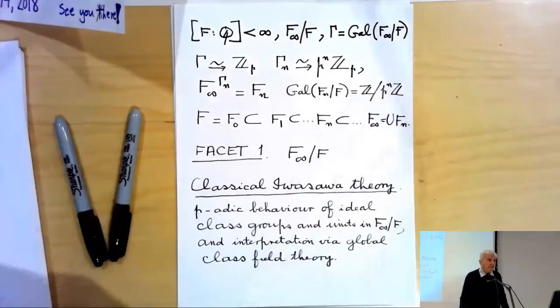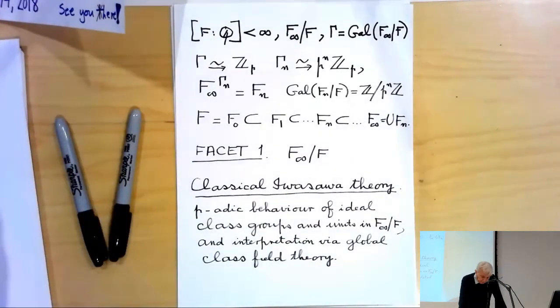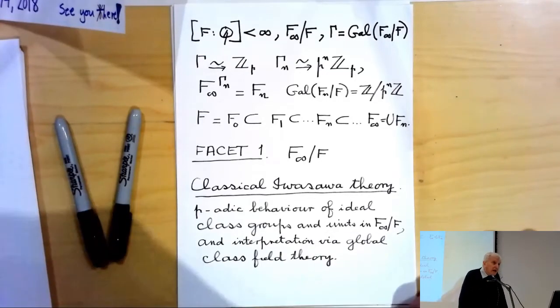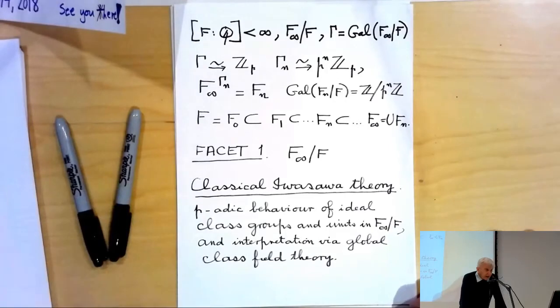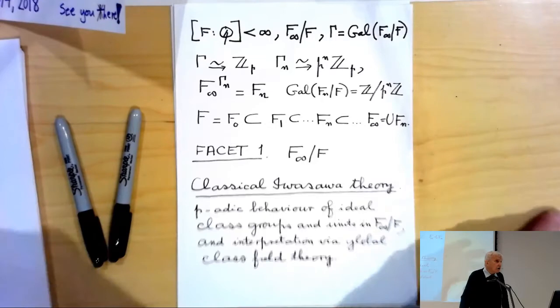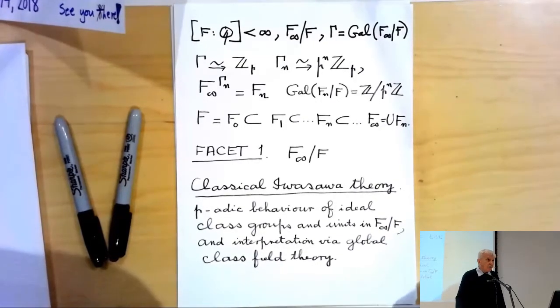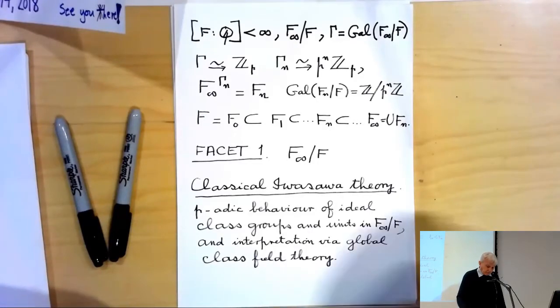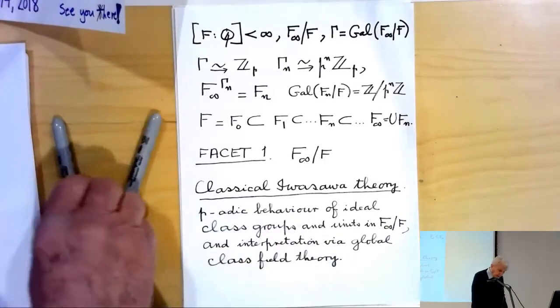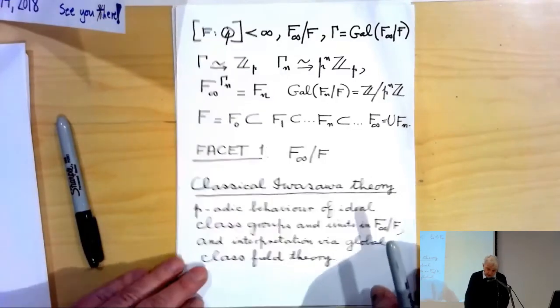So we have now our Z_p extension, F infinity over F, and classical Iwasawa theory is concerned with the p-adic behavior of the ideal class groups and the unit groups in this Z_p extension, F infinity over F, and the interpretation of these objects via classical global class field theory. And this is what I will call classical Iwasawa theory, and it was what got Iwasawa going on the whole subject.